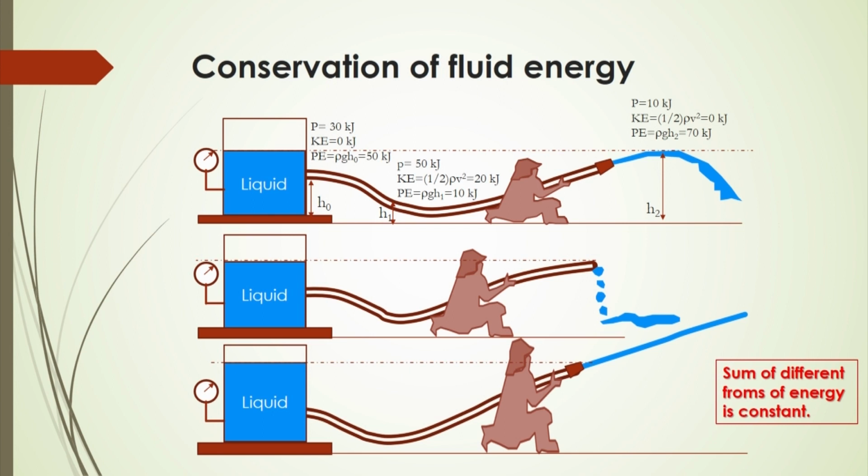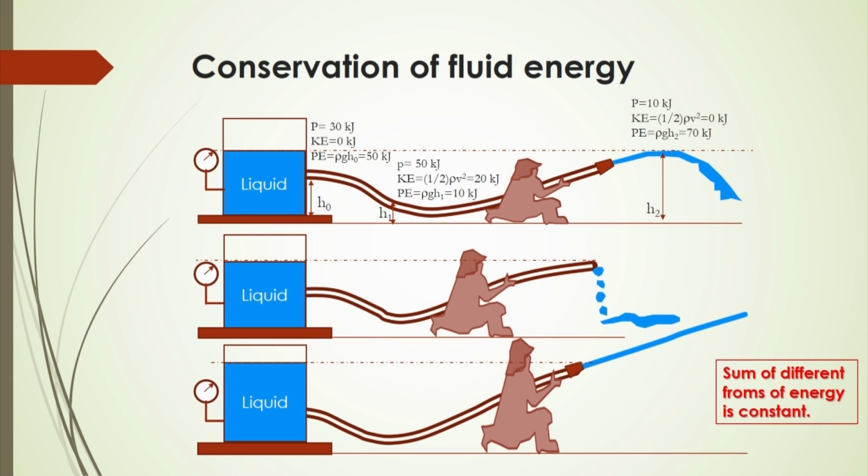At a particular location, there is a pressure energy, a kinetic energy based on the fluid velocity, and a potential energy based on the height at which the fluid flows. The total energy of these three forms is the same in all cases.